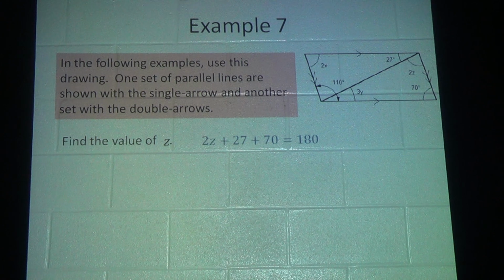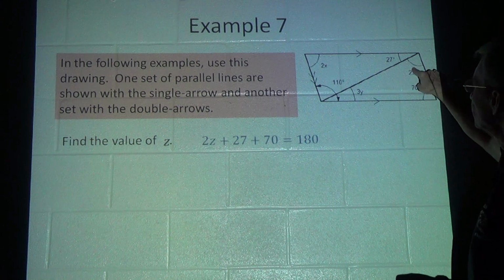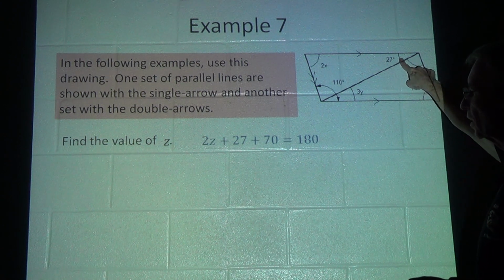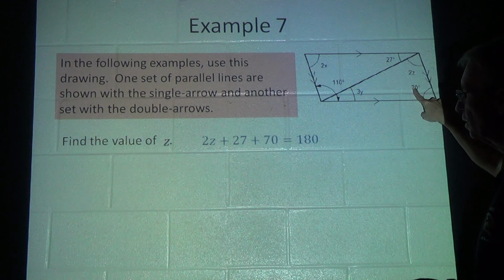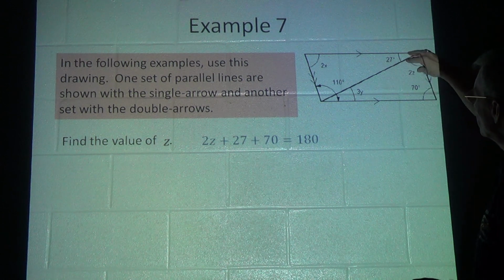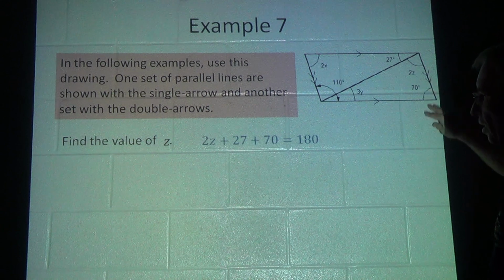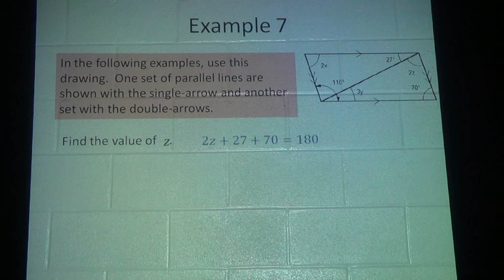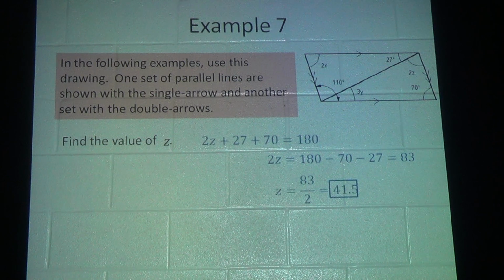So 2z plus the 27, plus the 70 down here, is equal to 180, because this big angle up here and this big angle down here are consecutive interior angles, so they add up to 180. So 2z equals 180 minus 70 minus 27, which is 83. Divide both sides by 2, and 83 divided by 2 is 41.5.